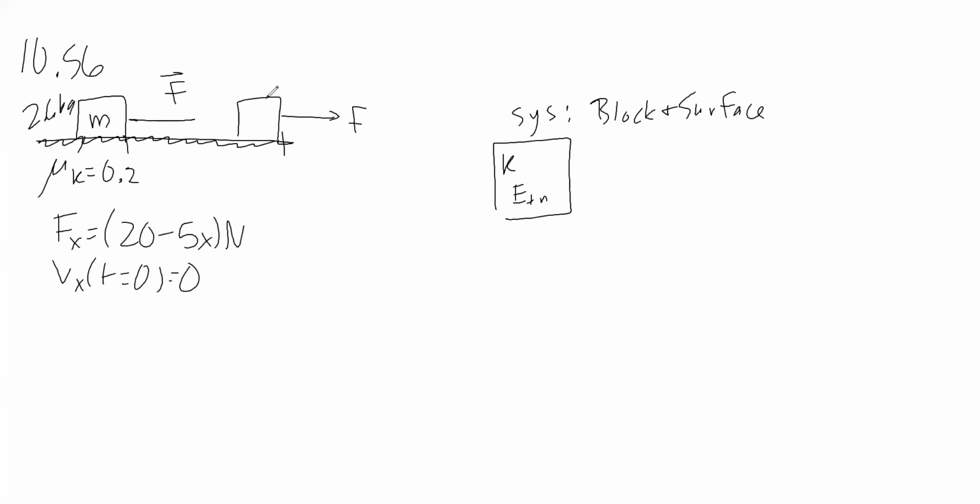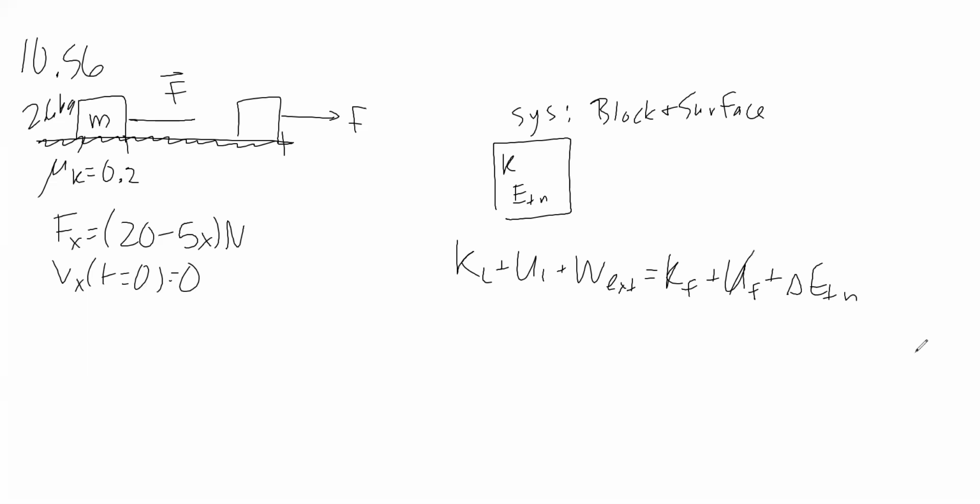This force does external work. So the general conservation of energy equation, remember, is K initial plus U initial plus work external equals K final plus U final plus increased thermal.